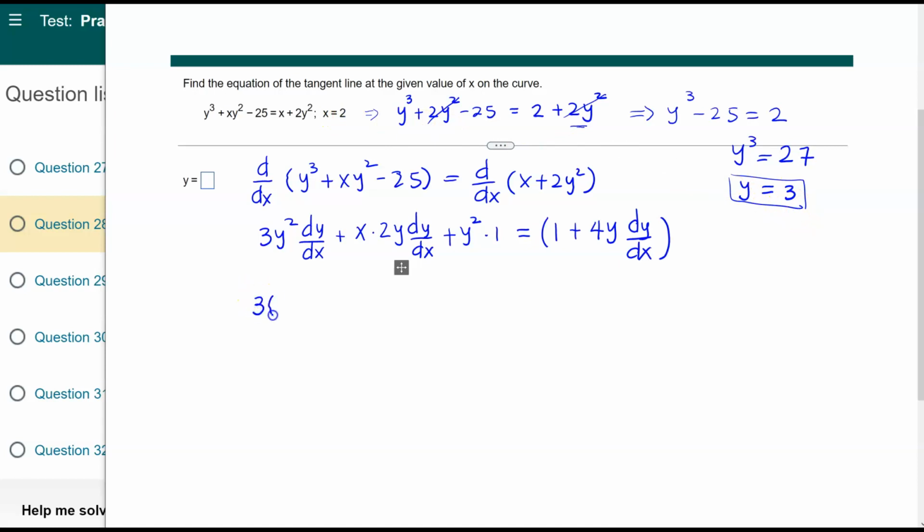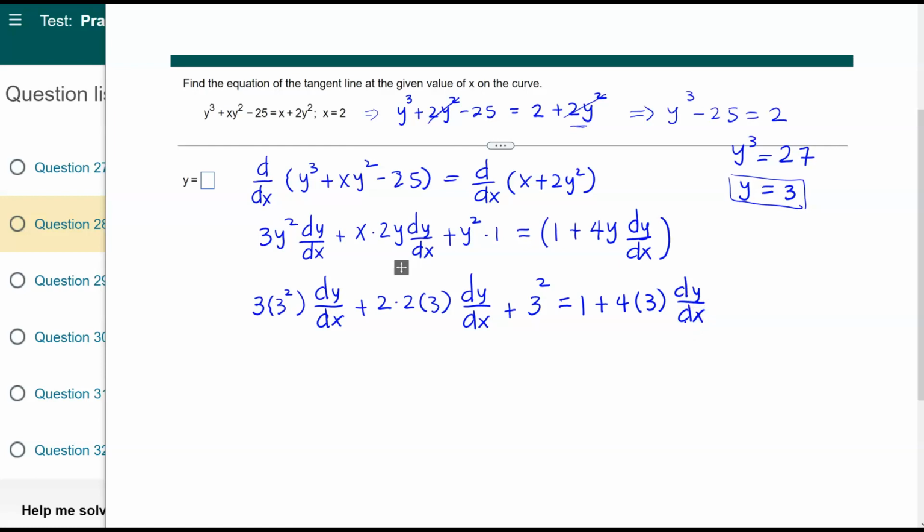So you have 3, and then replace y by 3 squared, dy dx plus 2 for x, times 2, and then y is 3, dy dx plus y is 3, so 3 squared is equal to 1 plus 4 times 3 dy dx.